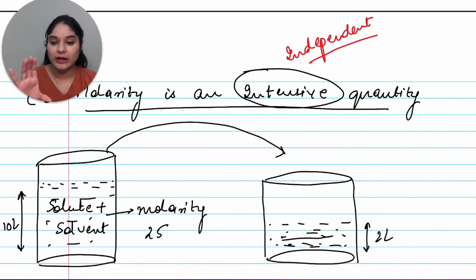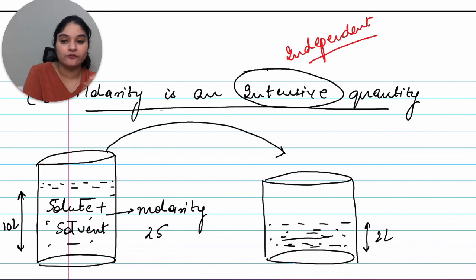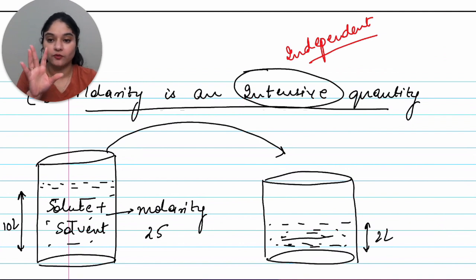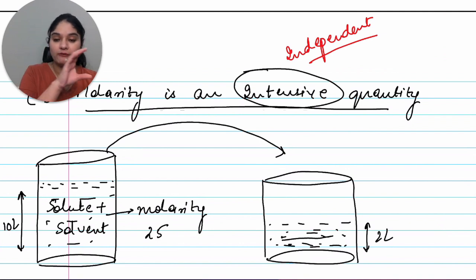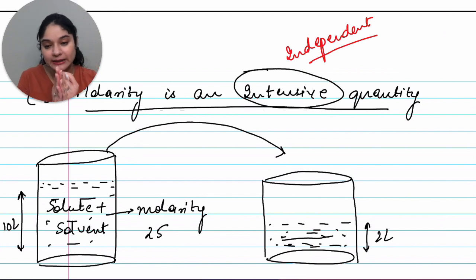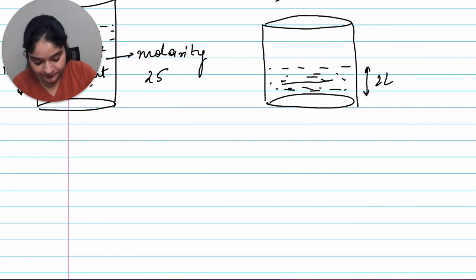So if your molarity was 25, it is going to stay 25 whether it is 10 liters or 2 liters, because whatever molarity you have calculated, that is going to stick for that solution. Whether you have half of it, less of it, or let's say you have transferred some of it. That is what I mean. Molarity is independent of quantity. So let's write that.